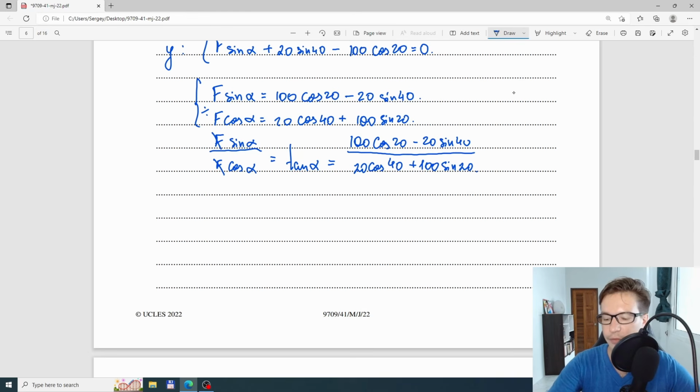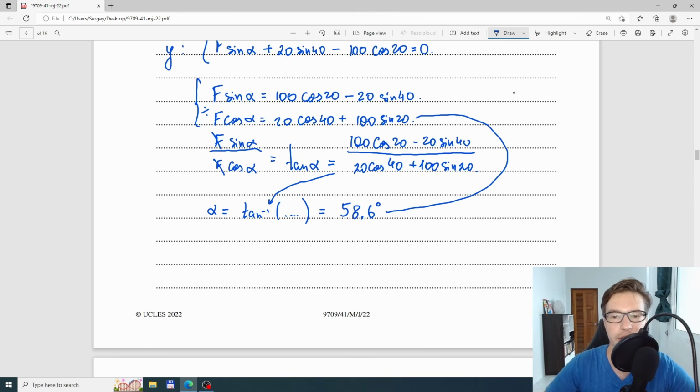Now, get your calculator and take the inverse tangent of this fraction. Okay, I got 58.6 degrees. Okay, and now we're ready to find F. I can substitute it into, let's say, the second equation, but feel free to choose any.